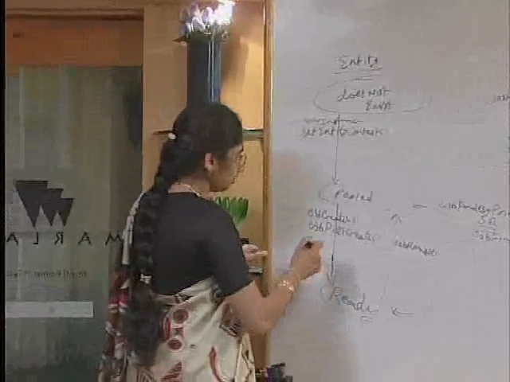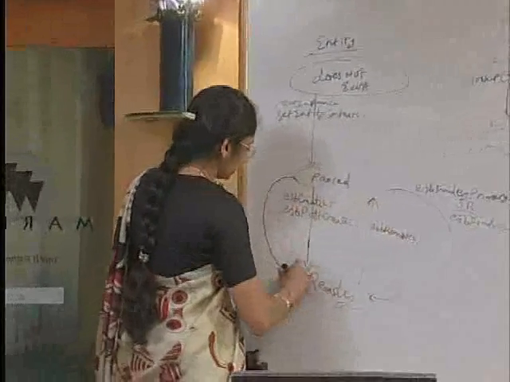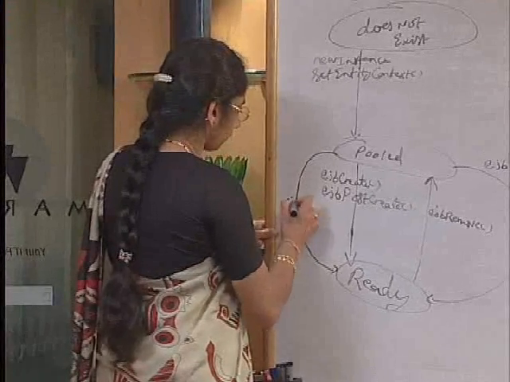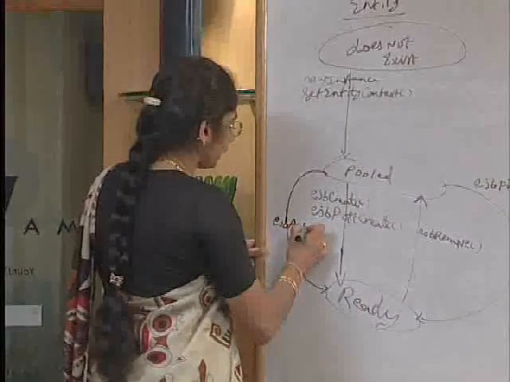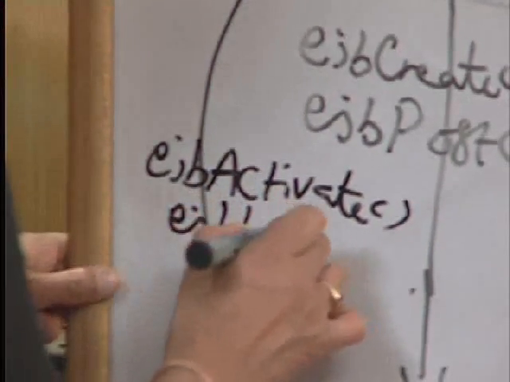We also move from the pooled state to a ready state via EJB activate and EJB load methods.